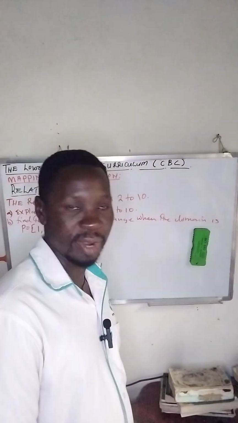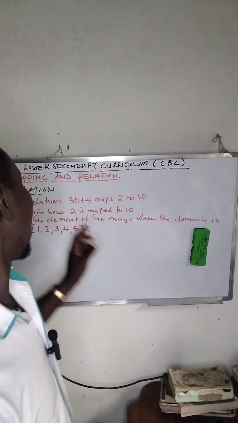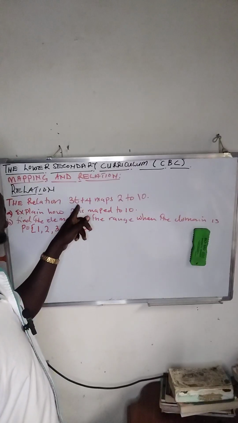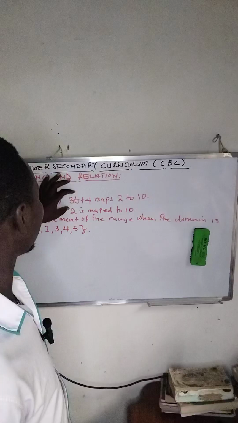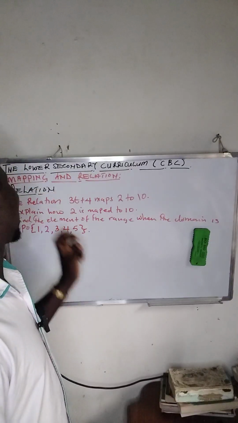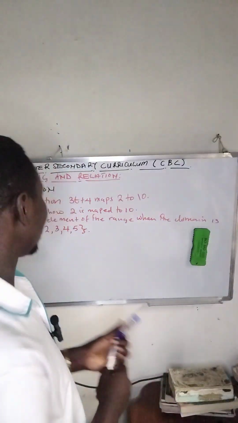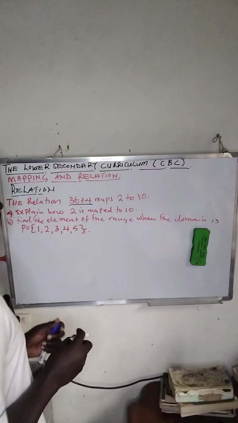Now my colleague who is watching, let us look at this question. The relation defined by 3t plus 4 altogether. This is the function which is given as a relation. That is the relation.